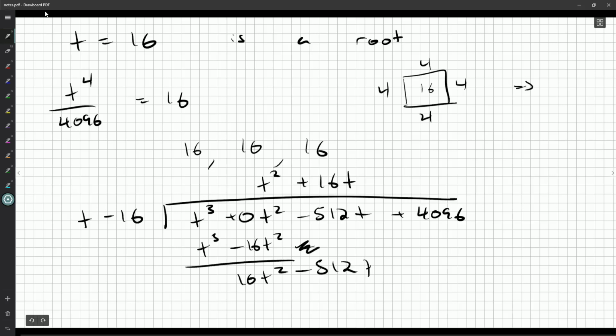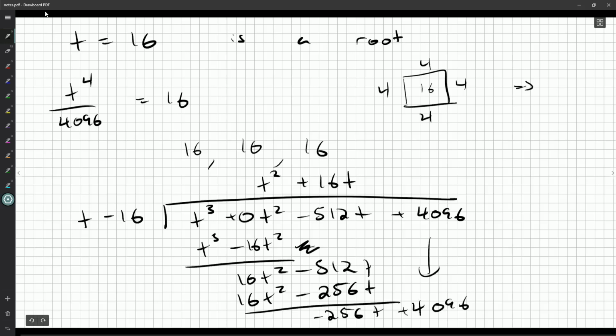So plus 16t. 16 times 16 is 256. So we get negative 256t plus 4096. And so that should be minus 256, and this is a quadratic.